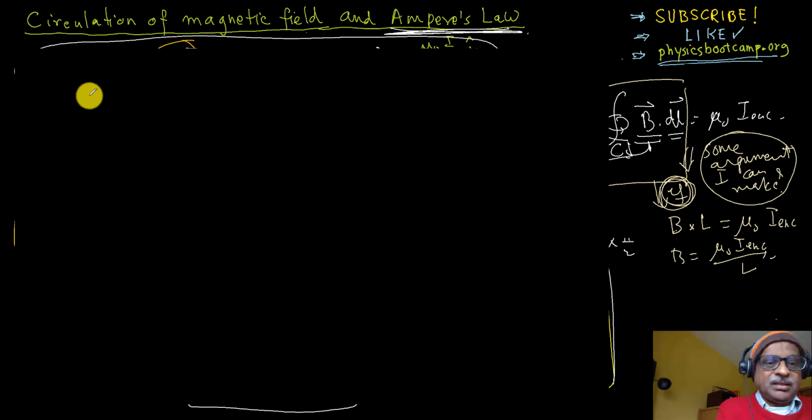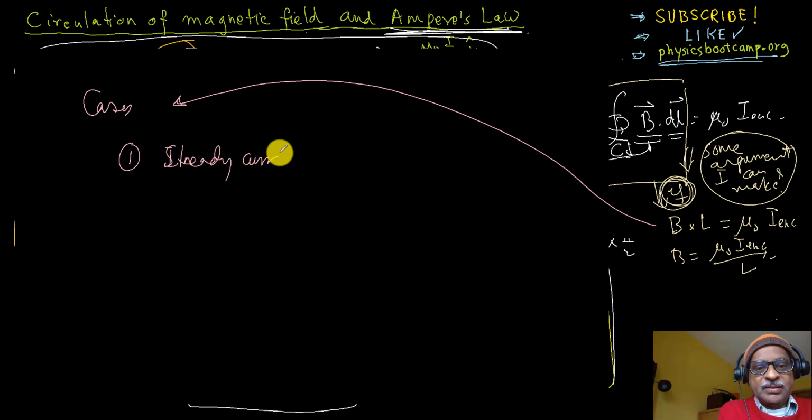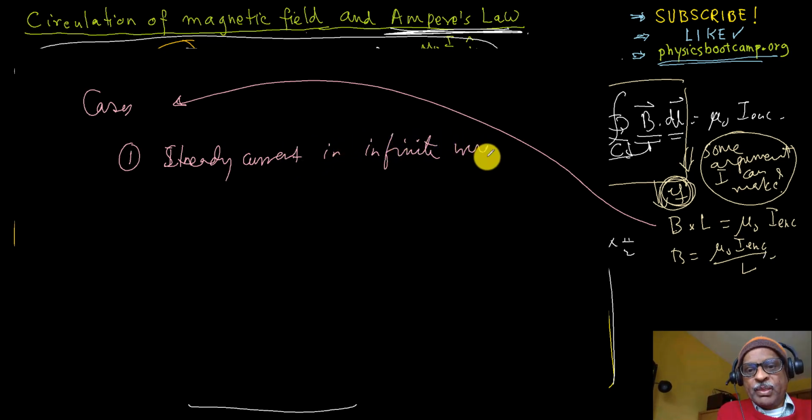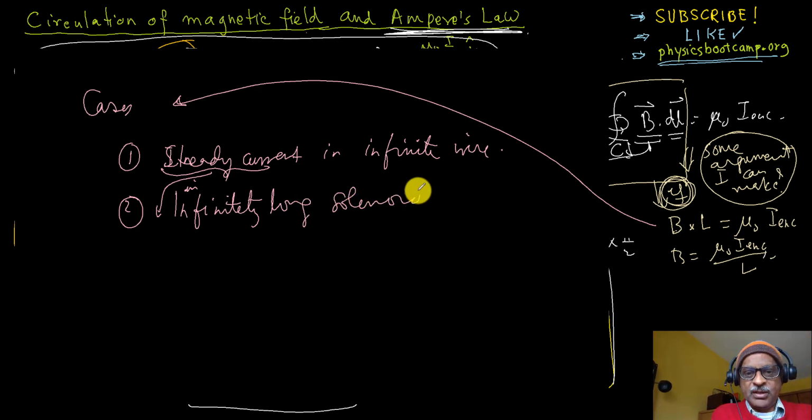Okay, so what kind of cases allow for this kind of behavior? So one is infinite wire, steady current in an infinite wire. Another one is you can have a solenoid, steady current in an infinitely long solenoid.